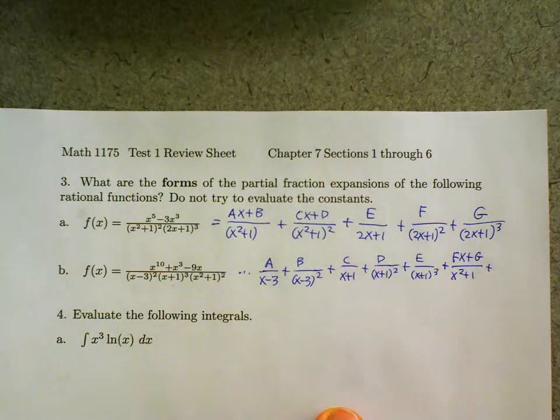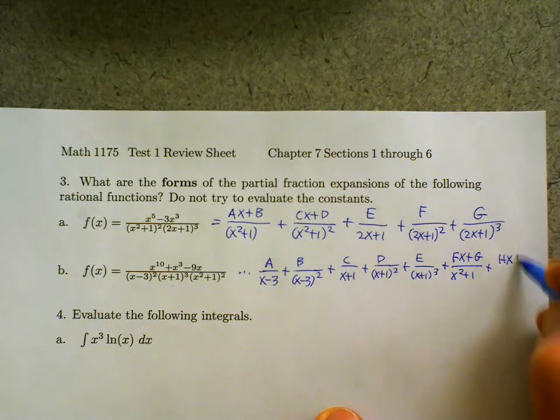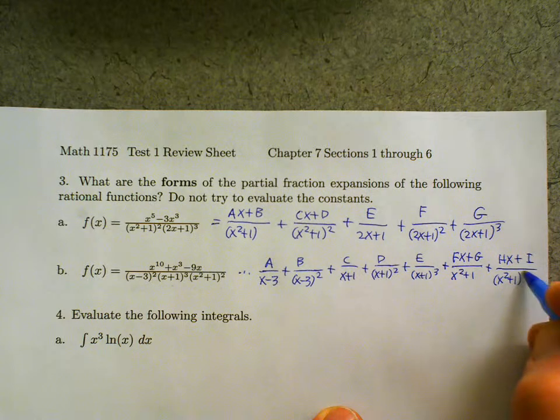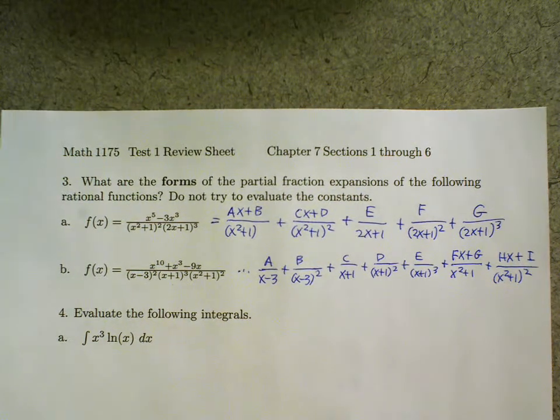And then finally, the last one, h times x plus capital I over x squared plus 1 squared. Okay, so that's all we'll do on that one. Okay, that brings us to problem 4. We have a bunch of indefinite integrals.